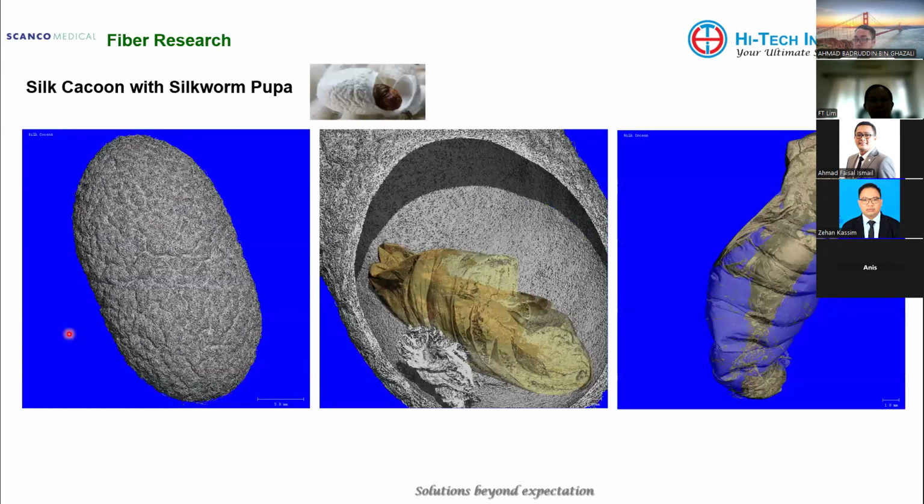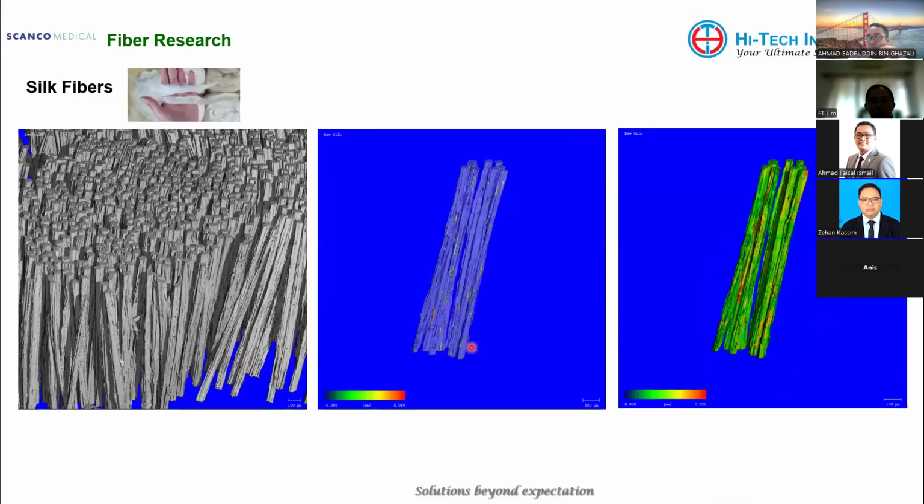Okay. So this one is a cocoon. So with the pupa inside there. So this little guy here. So we can view the interior part of this cocoon, which is the pupa here, of the silk pupa here, without needing to destroy the cocoon.